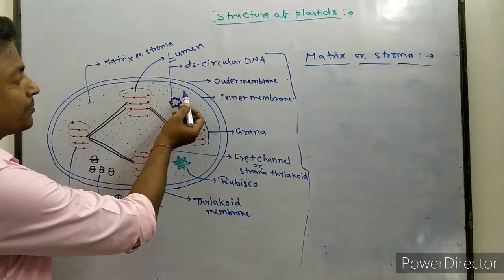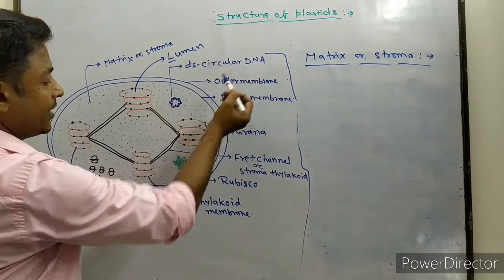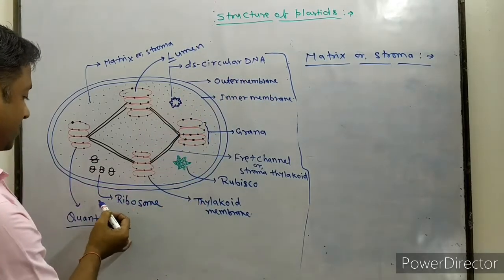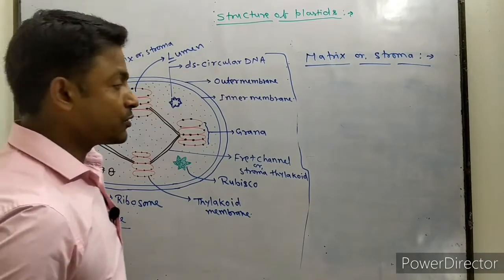in the matrix, double circular DNA and ribosome are also present.